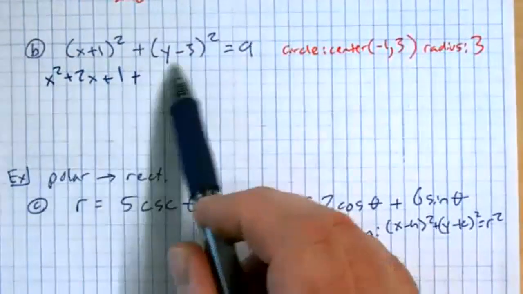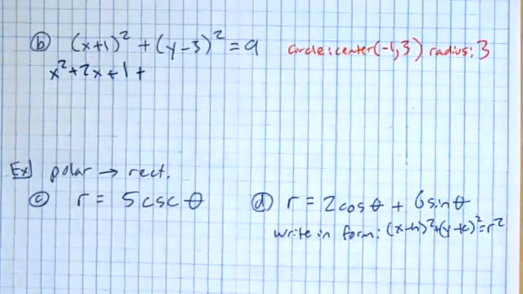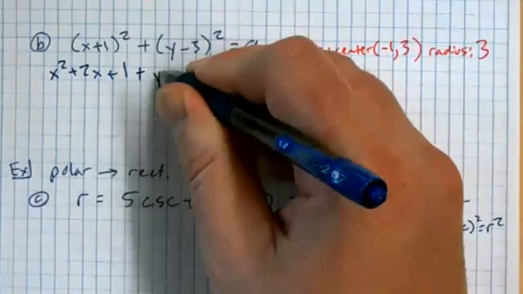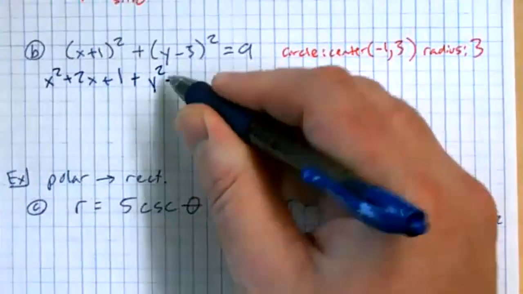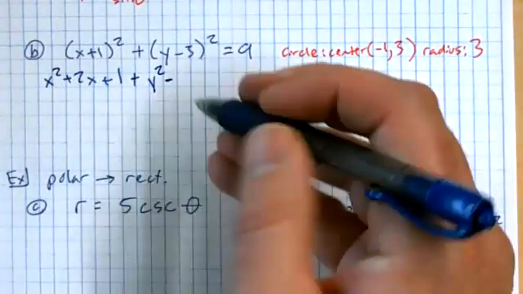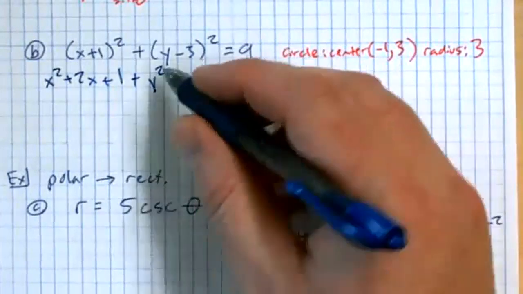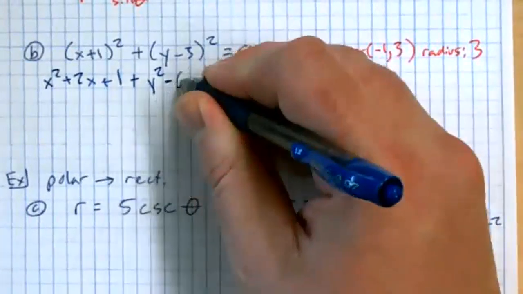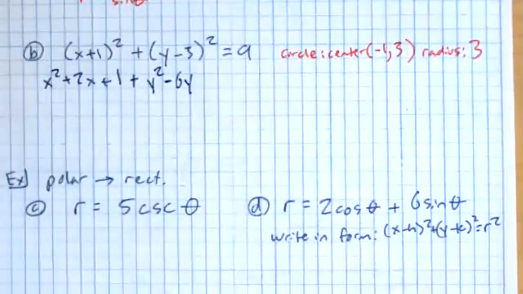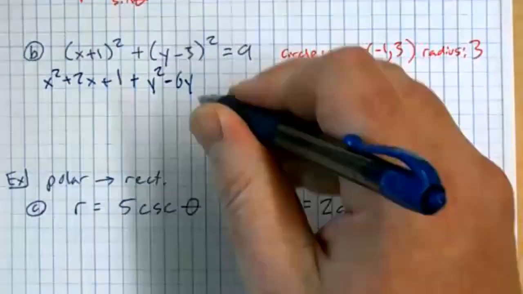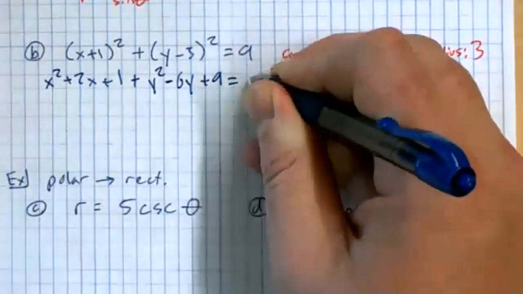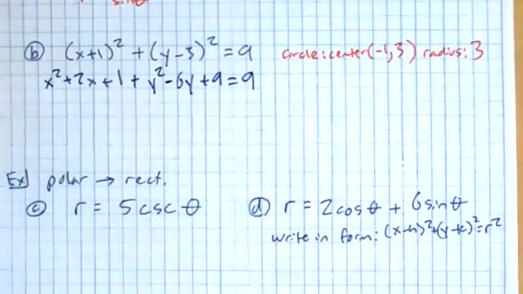What's this one going to end up being? y squared, it's going to be minus, it would be 2 times 3 times y, which would be 6y plus 9 equals 9. Ooh, I like that.